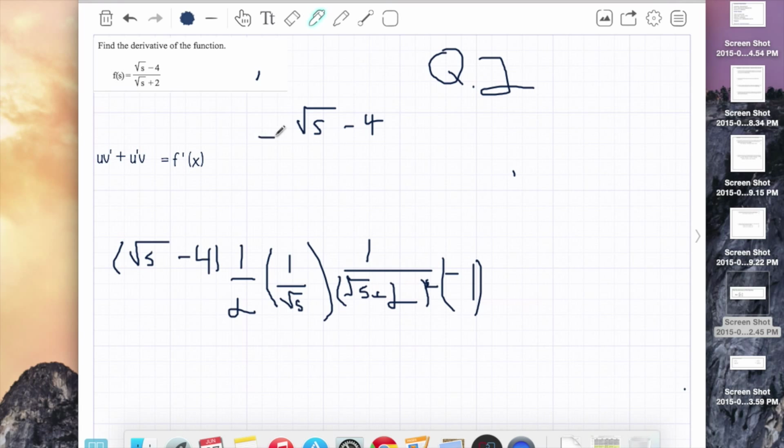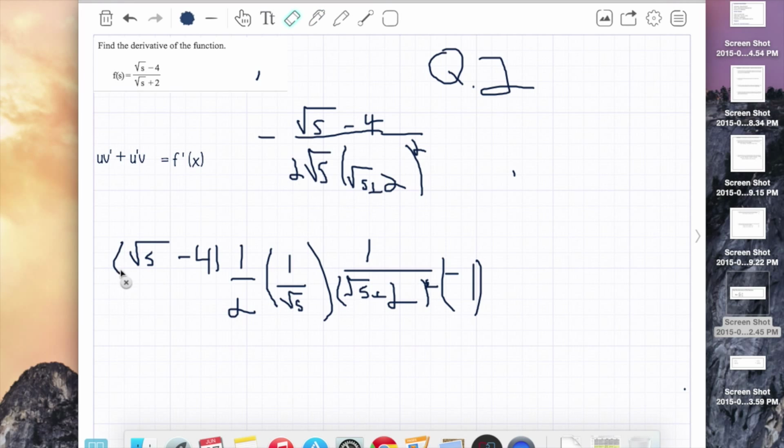So we have minus the square root of s minus 4 over 2 square root of s, times the square root of s plus 2, all squared. And extend this line a little bit further.